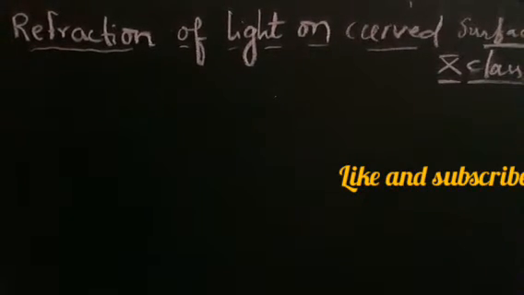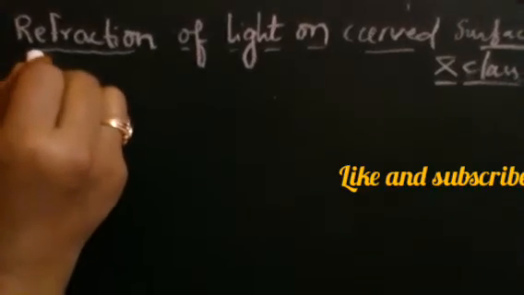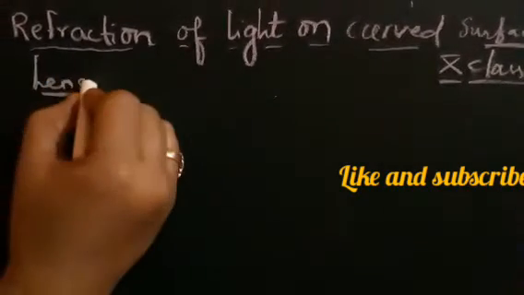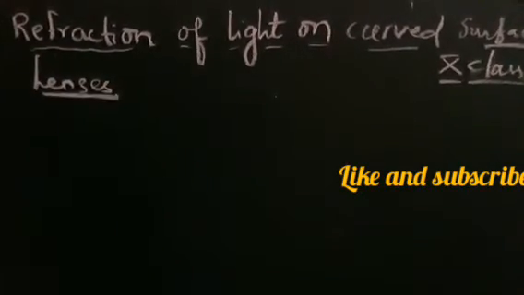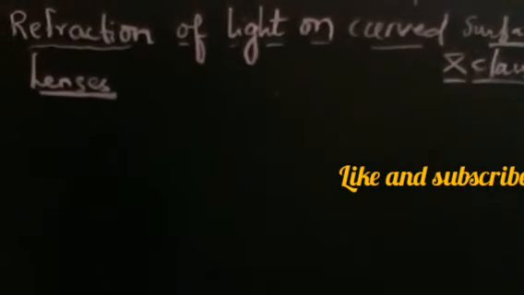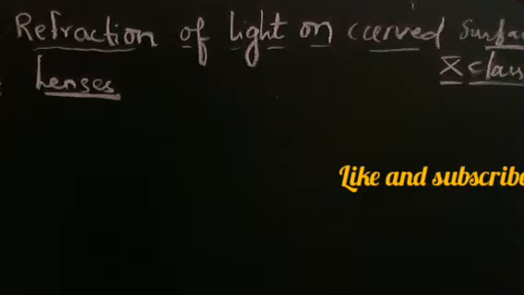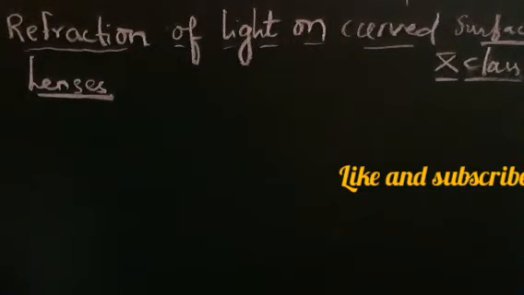Mostly in refraction, we have learned about images in reflection, but here in refraction we have lenses. So what is a lens? A lens is formed when a transparent material is bounded by two surfaces, of which one or both surfaces are spherical.